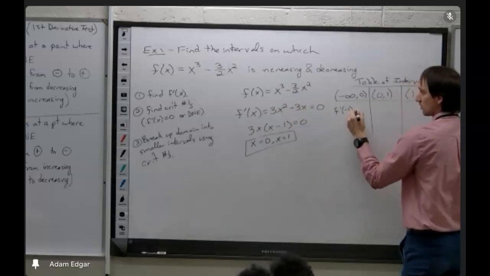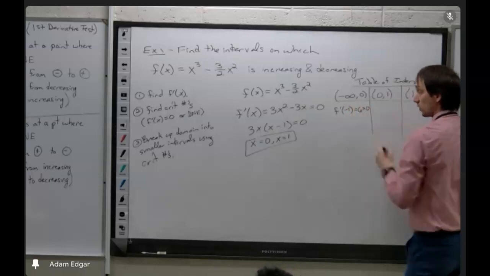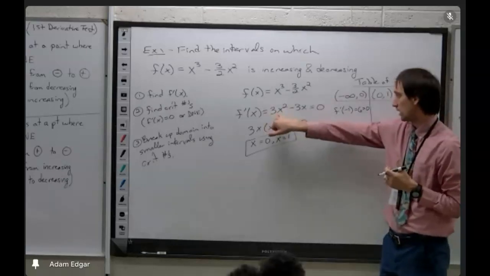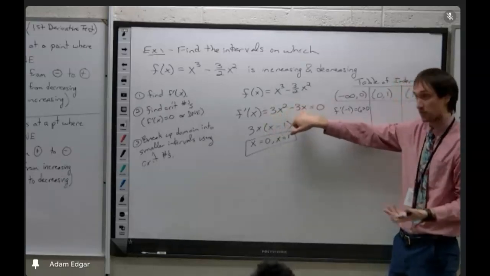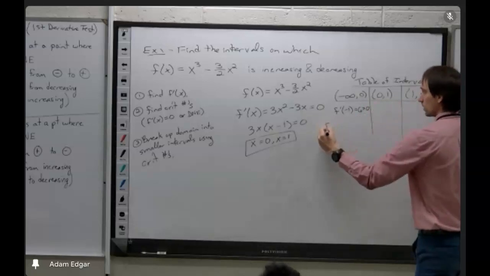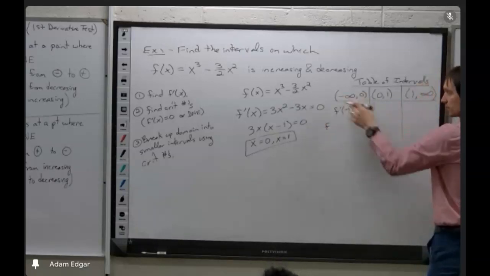All right, so that equals 6, which is positive. Right, because negative 1 squared is 1, 3 times 1 is 3, negative 3 times negative 1 is positive 3, and 3 plus 3 is 6. So you get 6, that's positive, and therefore f is doing what on this interval?